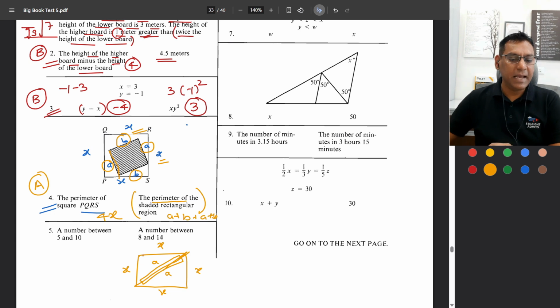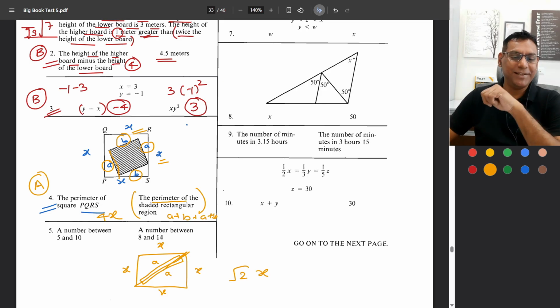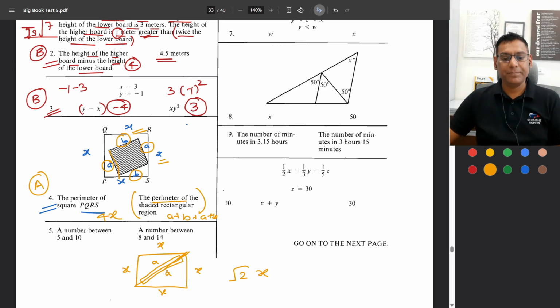The diagonal of the square is going to be root 2 x, which is bigger than x. Here I assumed that it is smaller than x. So in this extreme case, this is the biggest rectangle you can draw. Assume that this height, b, is negligible, almost zero, something very close to zero.